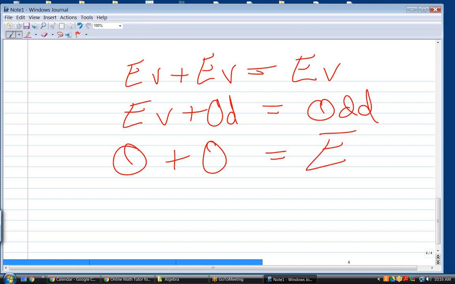Now they're telling us that it's three different prime numbers. What do two of those prime numbers have to be to get an even number? All prime numbers are odd except which one?